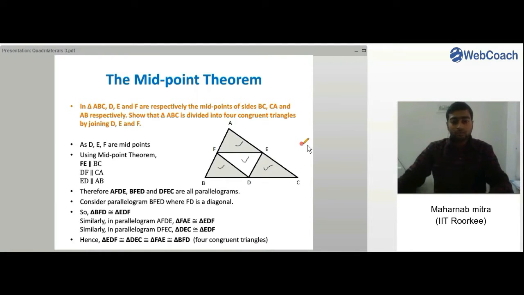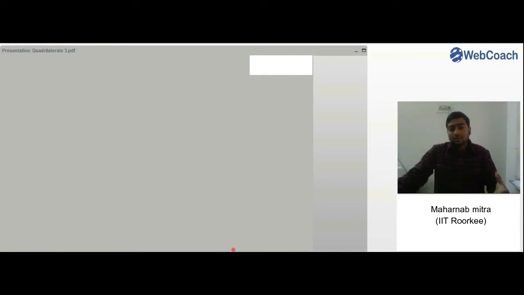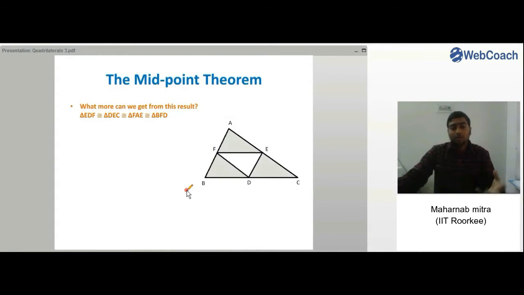So let's move forward. But before moving forward, let us think something more about this figure. Let us find out what we can extract more from the given figure. Yes, we have of course solved this question, but for more knowledge, let us see what extra we can get from this given figure.